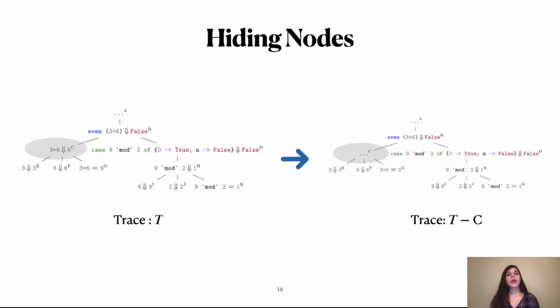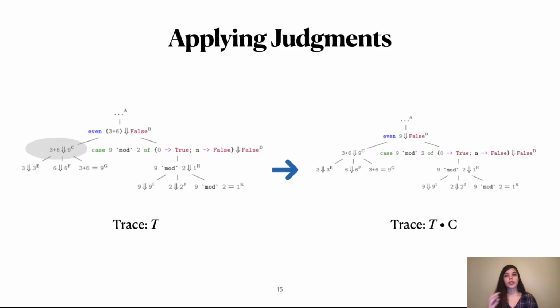This is done using the applying judgments operation. So now if, say, instead of hiding the node C, we apply the node C, that will just replace the expression 3 plus 6 with 9 in the node B. Now if we look at the trace on the right side, this trace is an explanation for whether 9 is an even number or not.